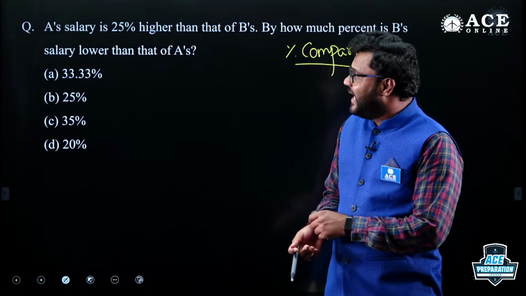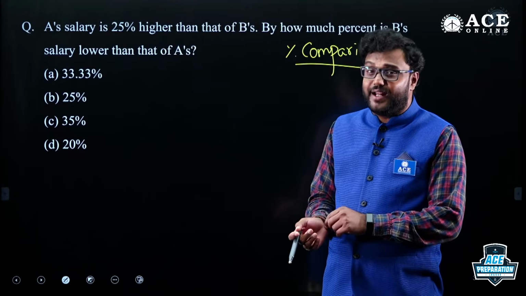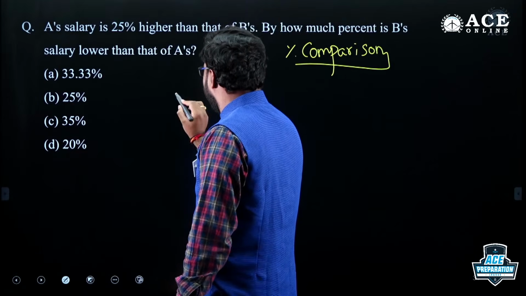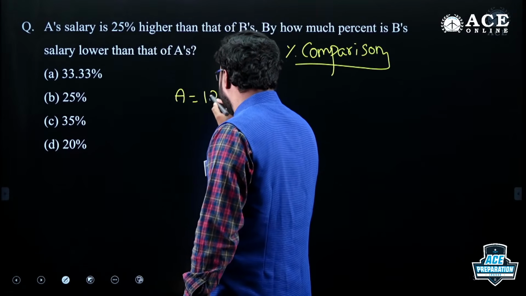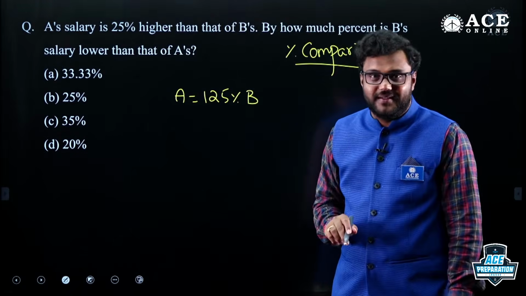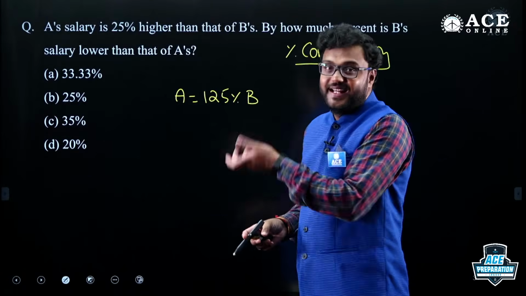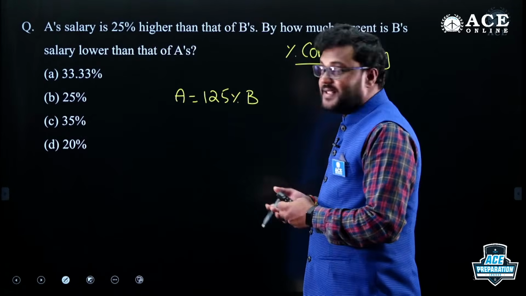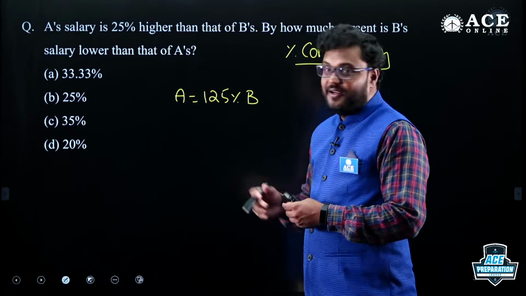This next question is regarding comparison, my dear friends. I mentioned percentage comparison. Now here A's salary is 25% higher than that of B. 25% higher than B means A is 125% of B. Now, B is what percentage lower than that of A?